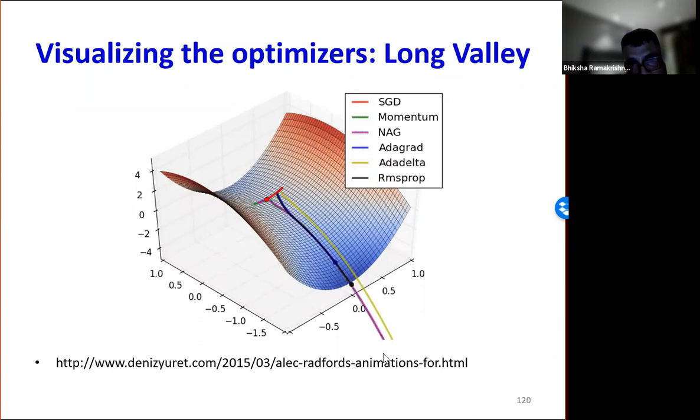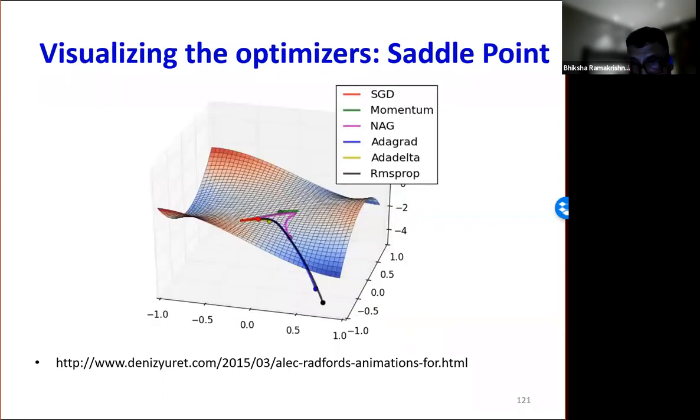Whereas something like Adam is not going to really get affected by the derivative in this direction, and it's going to head directly but smoothly towards the minimum. And RMSprop in particular, beyond a point, the slope is constant. So although RMSprop heads in the right direction, it does so in a very sedate and slow fashion, whereas the rest of the techniques, everything except SGD, simply blow past it. And this behavior can be predicted from the function shape itself.